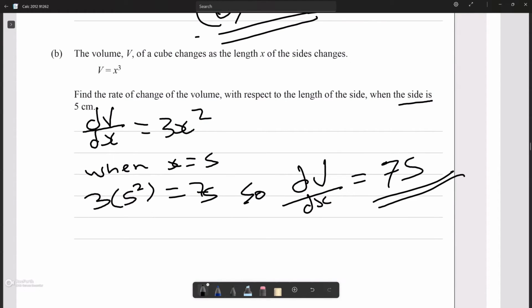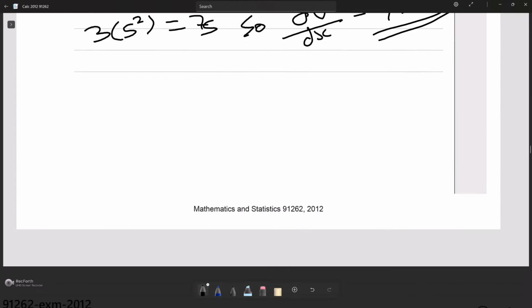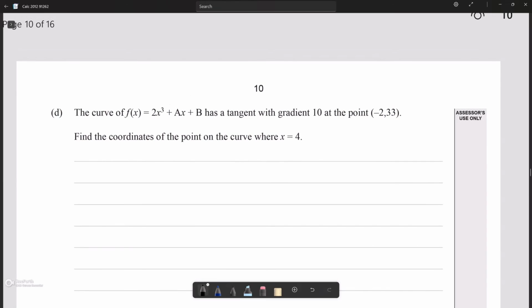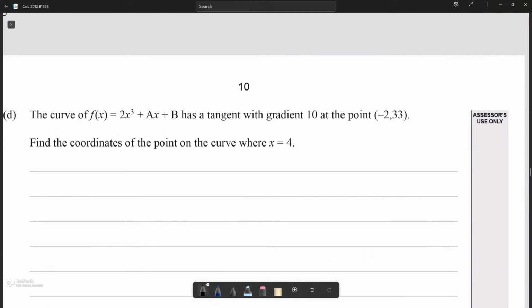So dV over dx equals 75. They've just given centimeters, they haven't given any unit of time, so I'll just ignore that.